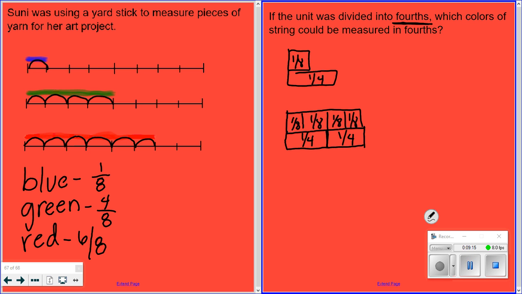All right, let's look at our red one. Our red one had 6/8. Get out 6 1/8 pieces now. All right, my last one, I have 6 1/8 pieces because that is the length of my red yarn.